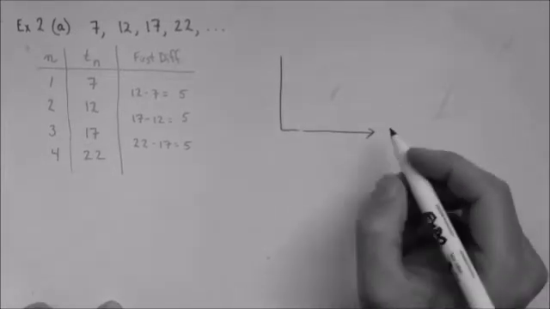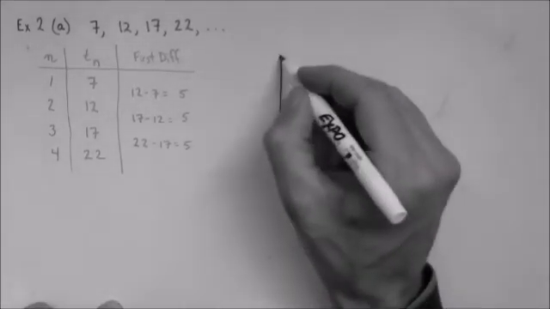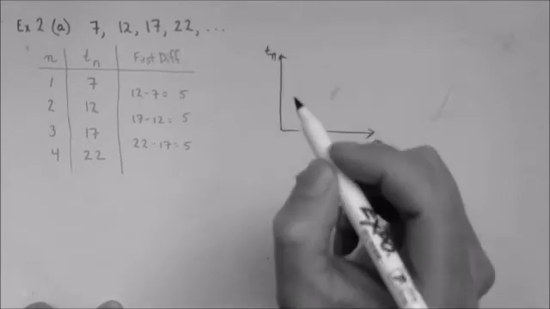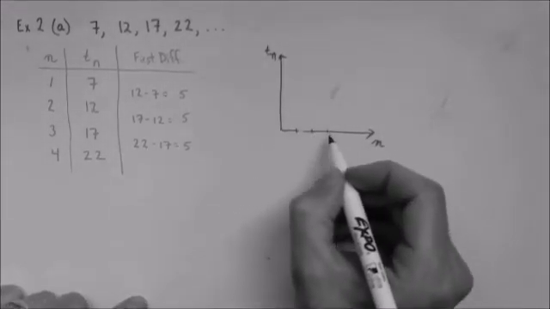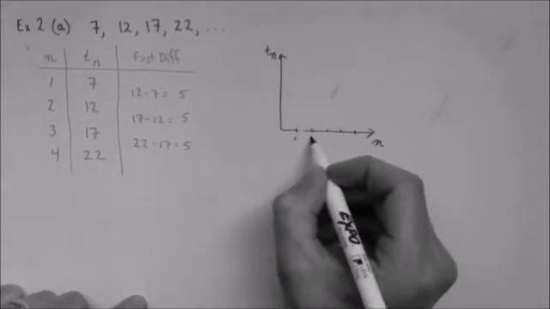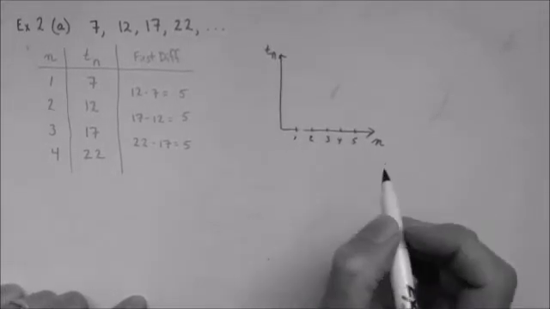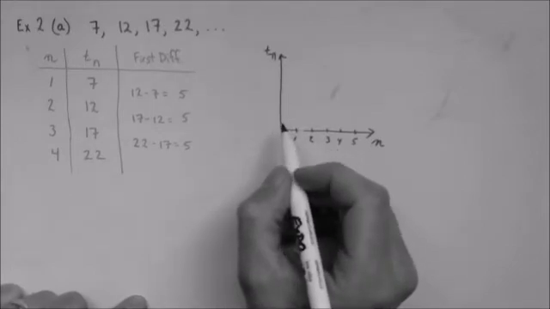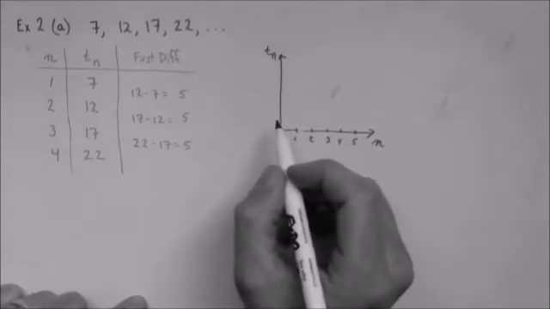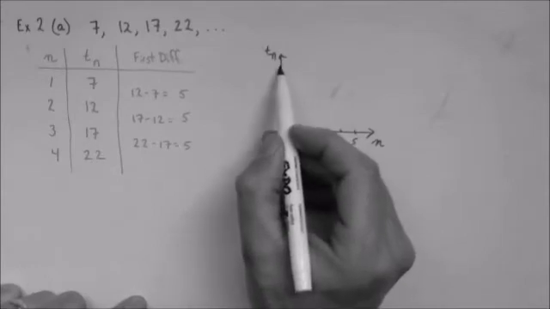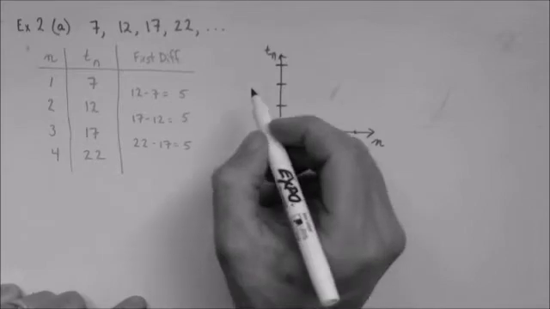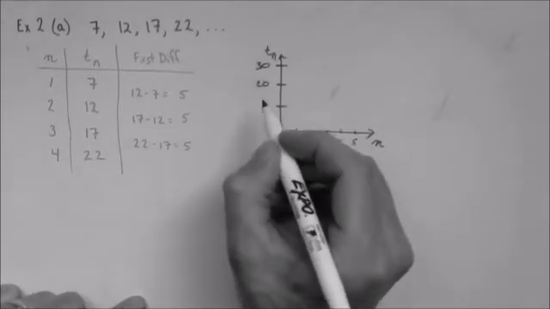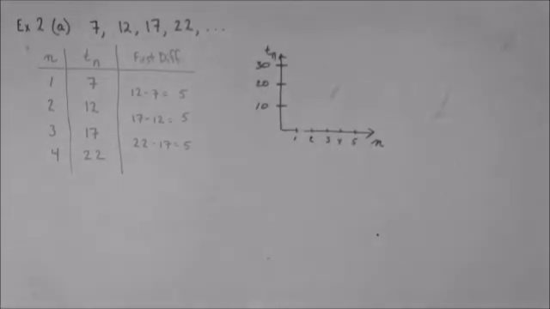Our horizontal axis is our term number. Our vertical axis is the term itself. Okay, term number 1, 2, 3, 4. That's good enough. And going up here, the highest number we have is 22, so maybe I'd go up to 30. Let's just say 30, 20, 10, something like that. And now we're going to plot our coordinates.